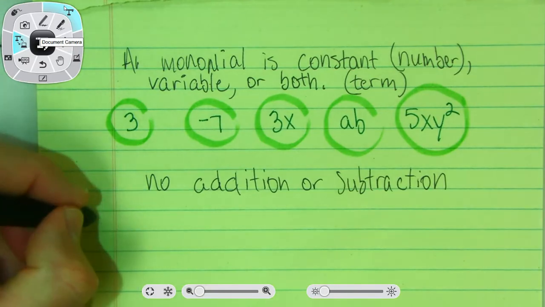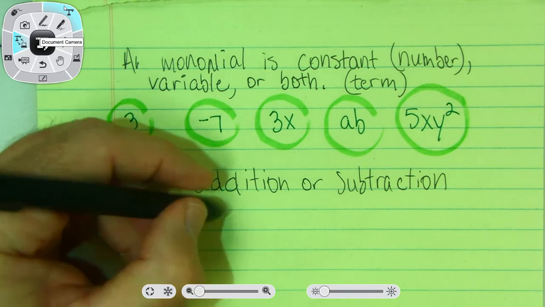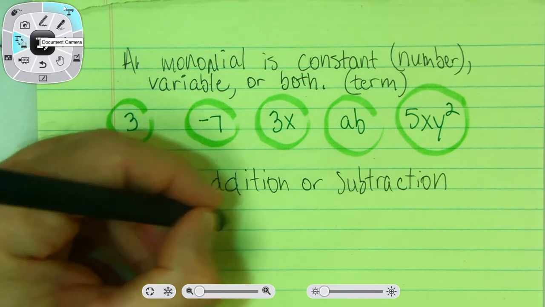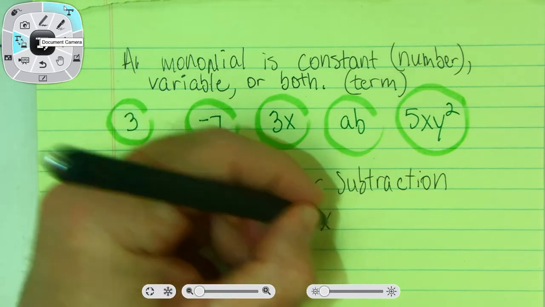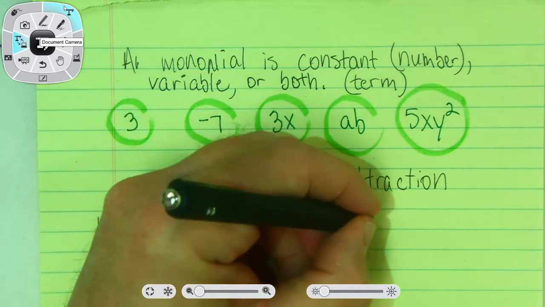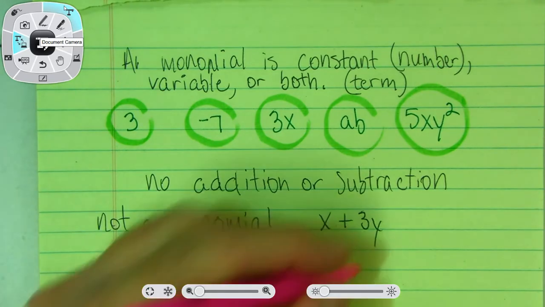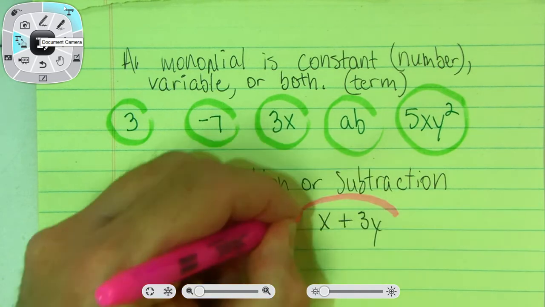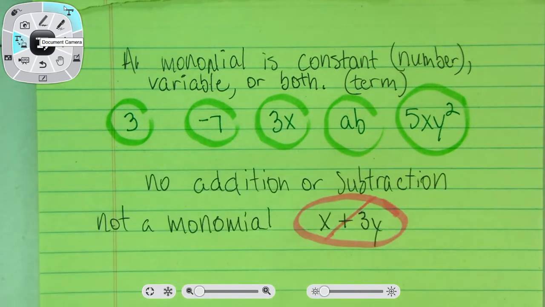This is not a monomial. And it looks pretty obvious. If I said x plus 3y, that's two terms, right? And so that's not a monomial. A monomial is just a single term with a constant, a variable, or both. It can be positive or negative.